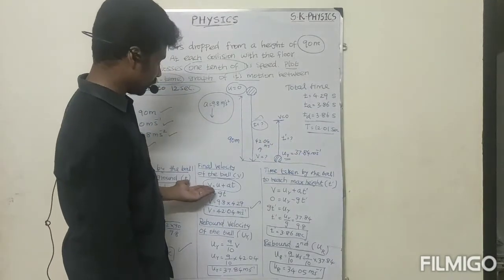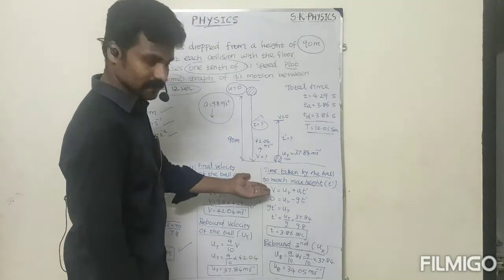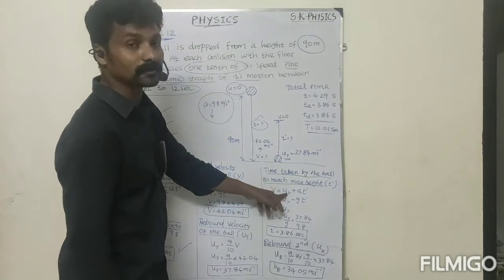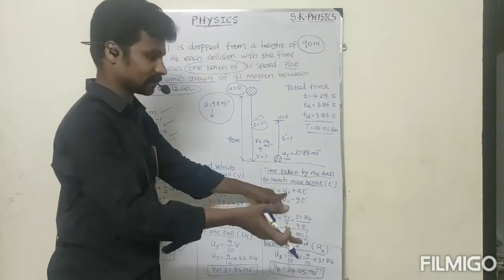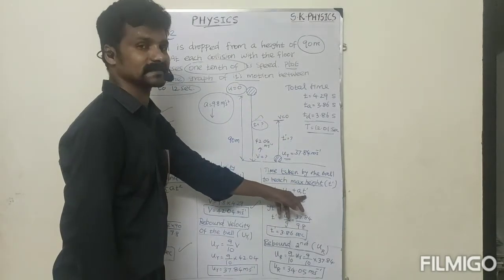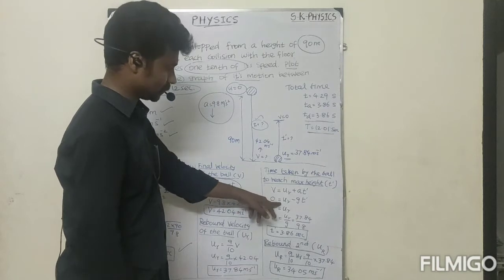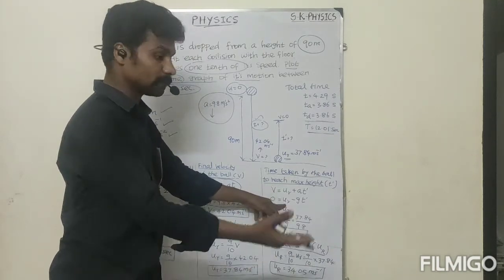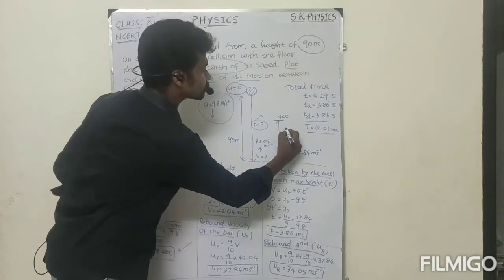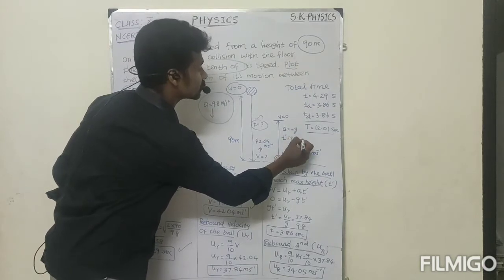So as usual, v is equal to u plus at. v is equal to UR, the rebound velocity, plus a T dash. In this question, the final velocity here is 0. So 0 equals UR, and the motion is opposite to gravity, so acceleration is equal to minus g.